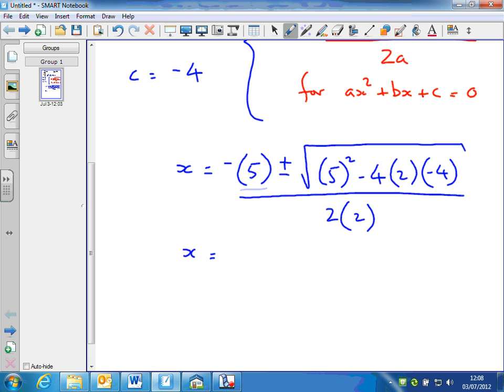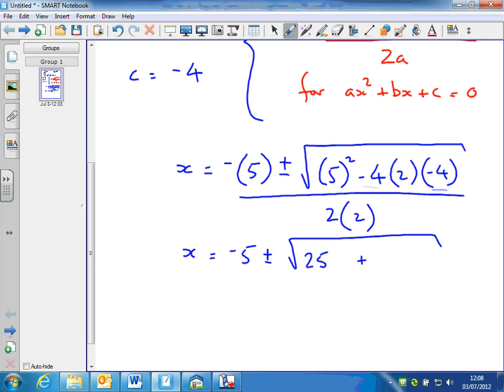Minus 5 just gives minus 5, plus or minus the square root of 5 squared, which is 25. Now this next bit is important. Minus 4 times minus 4 is going to give plus 16, times 2 gives plus 32.